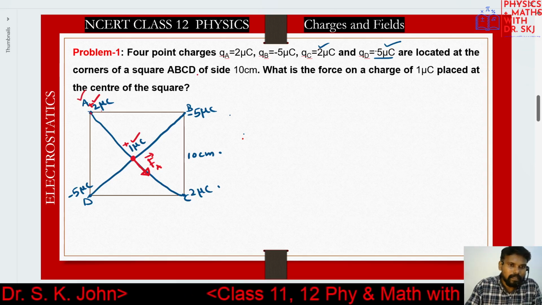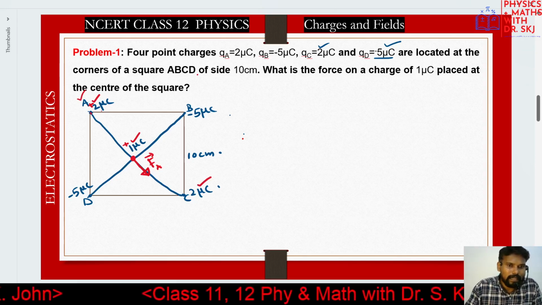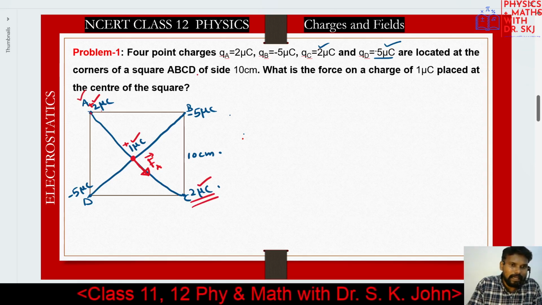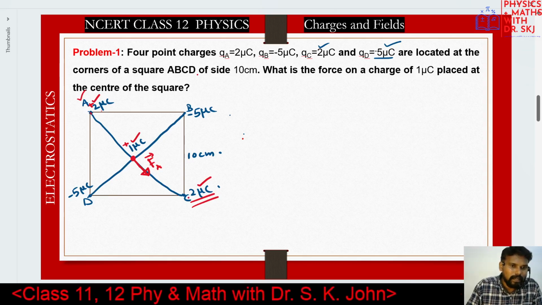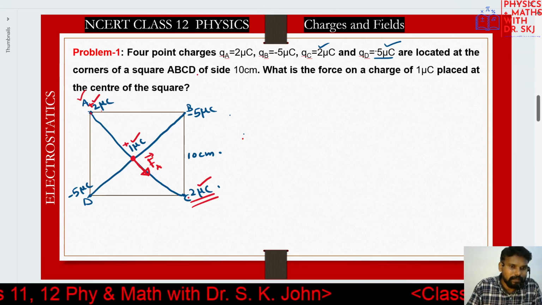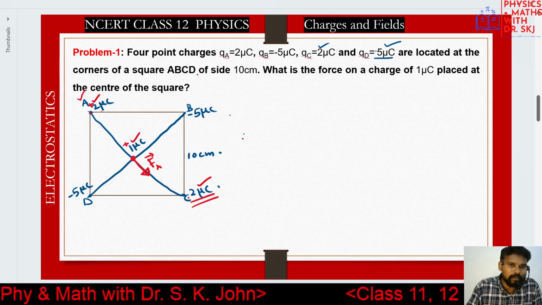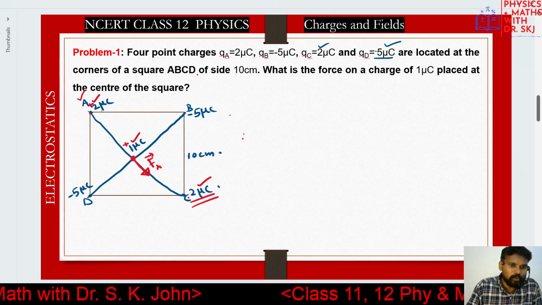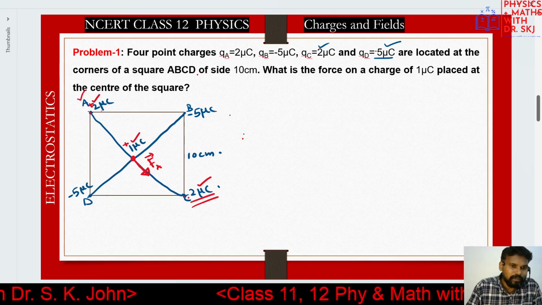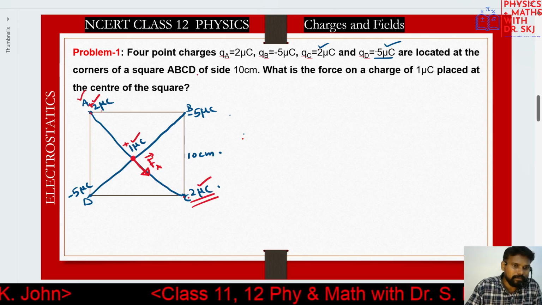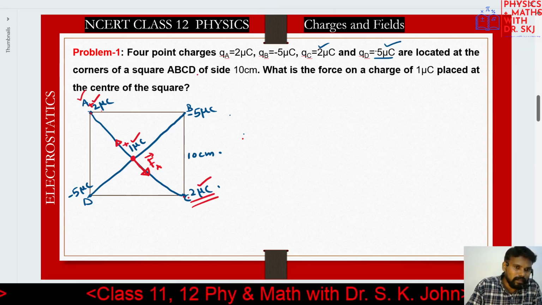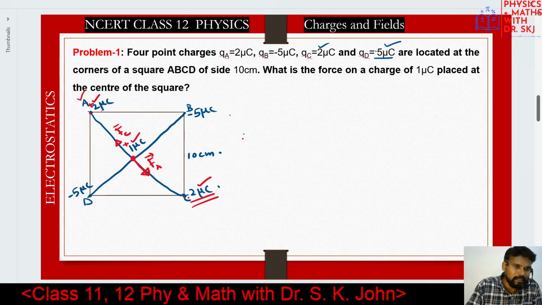Now if you consider the charge opposite to this A, at the other end of the diagonal there is C. At C there is 2 microcoulomb charge itself. This 2 microcoulomb charge will exert a force, I will write it FC, in the opposite direction.